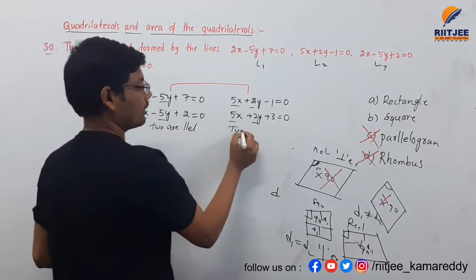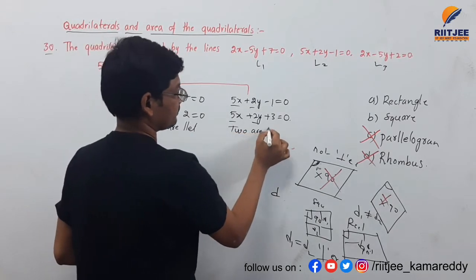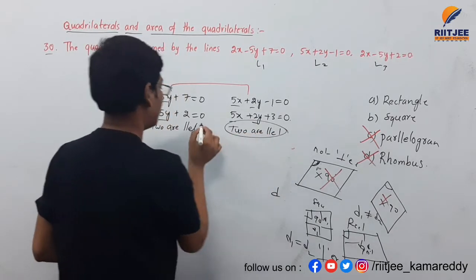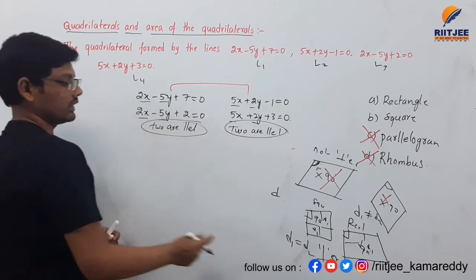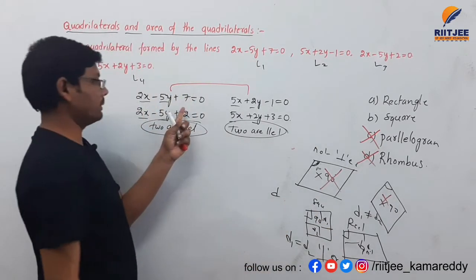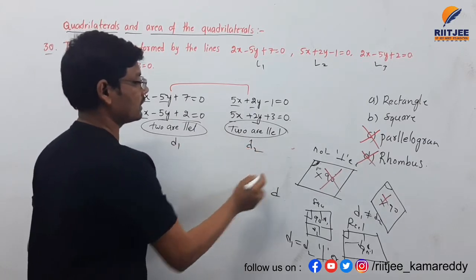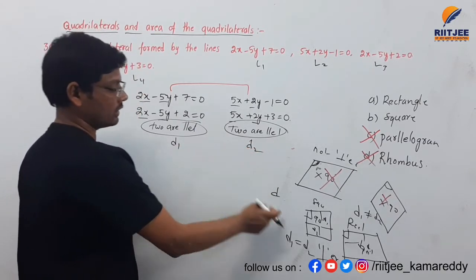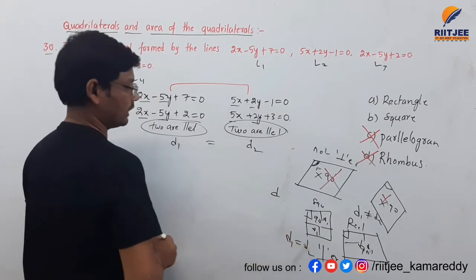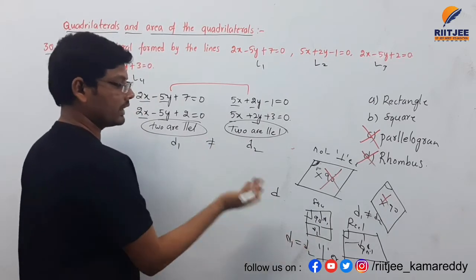These two are parallel and these two are parallel. The distance between these two parallel lines, this distance is D1, this distance is D2. If the distance between these two lines is equal, it is a square. If the distances are not equal, it is a rectangle.